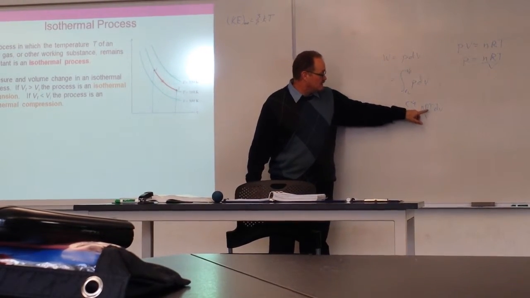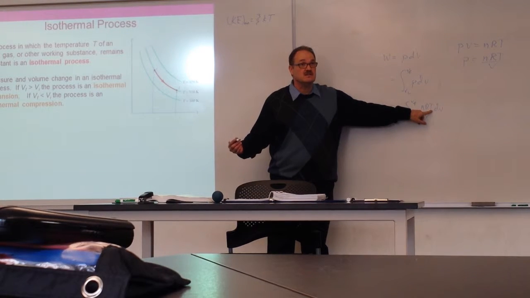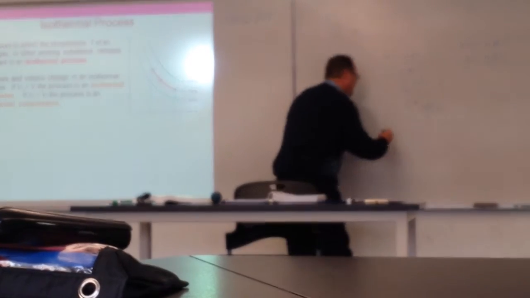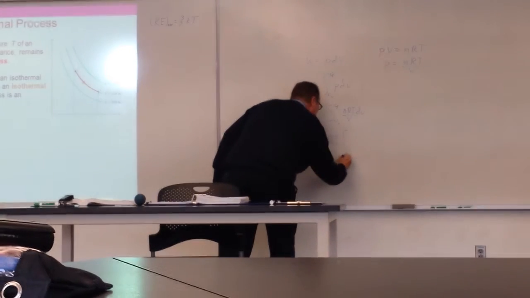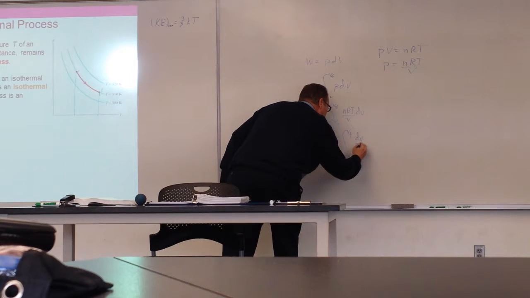So n is constant, R is constant, and T is constant. Isothermal, T is constant, right? So I can pull them all out of the integral, because they're all constant. So that gives me nRT times the integral from V initial to V final, dV over V.